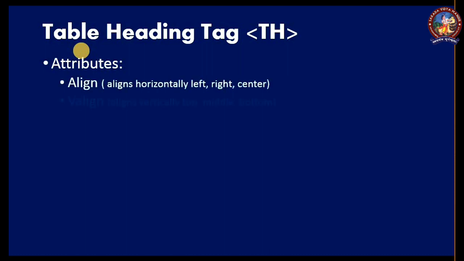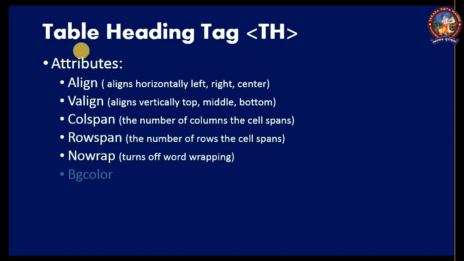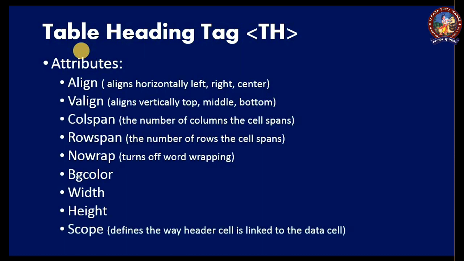Okay, so the next tag that we are going to use is the table heading tag. The table heading tag is used to define the column heading. The attributes here are align, valign, colspan, rowspan, nowrap, bgcolor, height, width and scope. Align similarly aligns left, right or center horizontally.